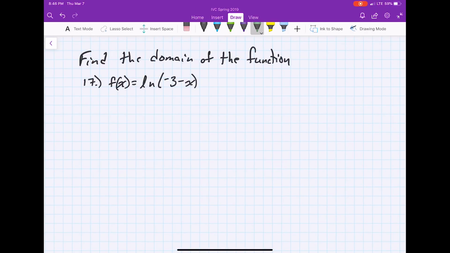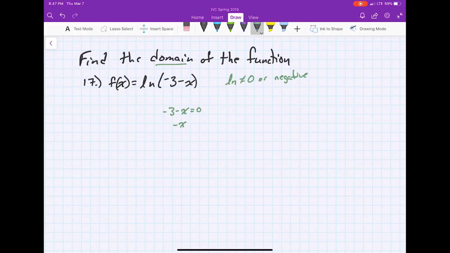All right, so 17, we need to find the domain of this function. So ln cannot equal 0, or be negative. So what I'm going to do here is set this negative 3 minus x to equal 0 and find out where it's at 0.